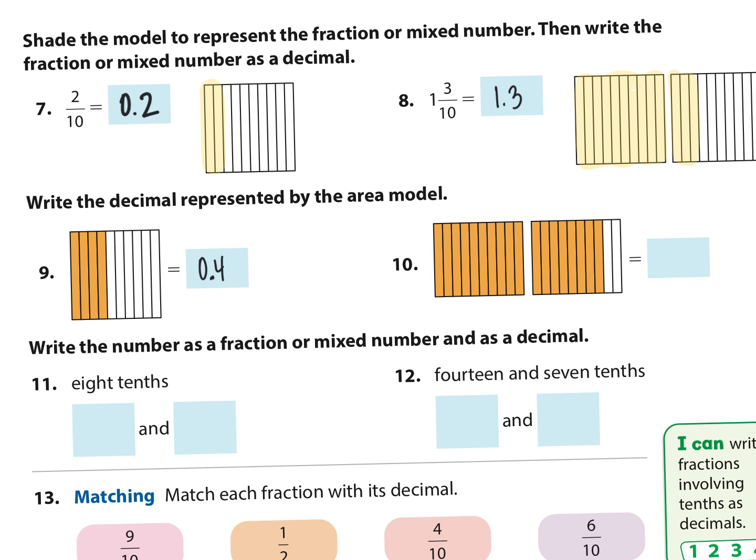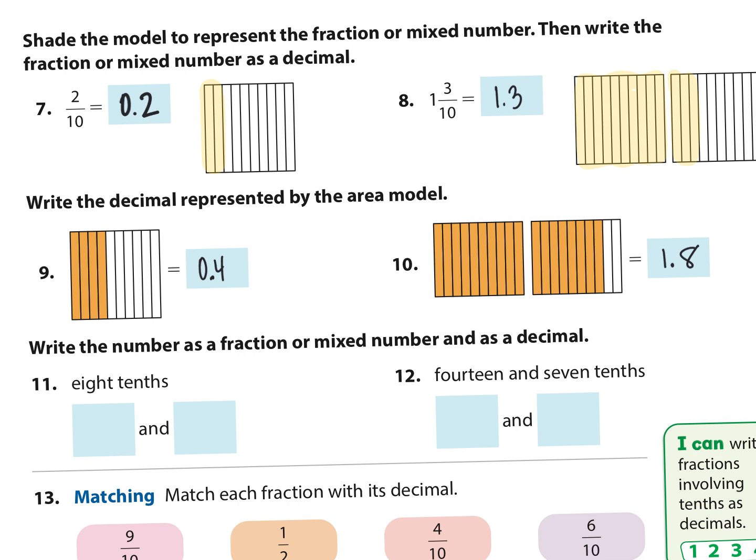London? 1. Count carefully. 8, 1 and 8/10. Everybody say 1 and 8/10. Okay, we don't want to say 1.8. We want to read it 1 and 8/10.